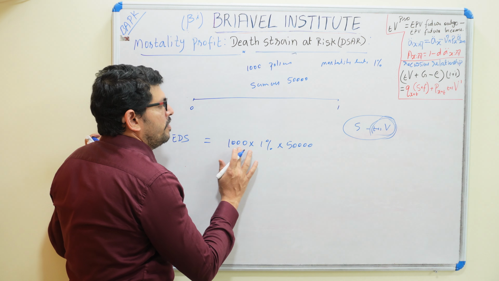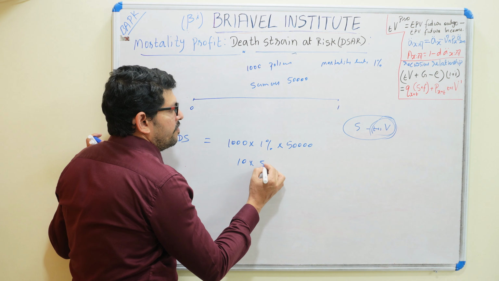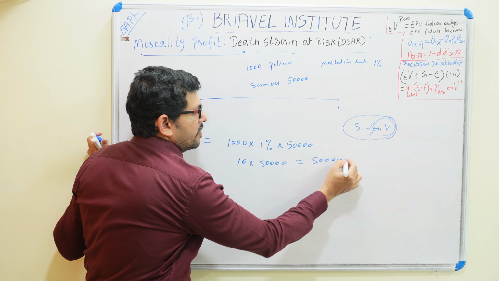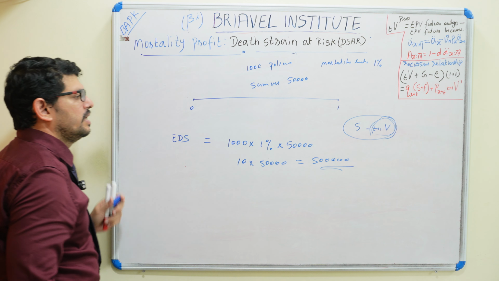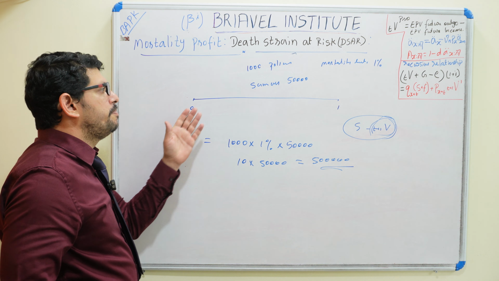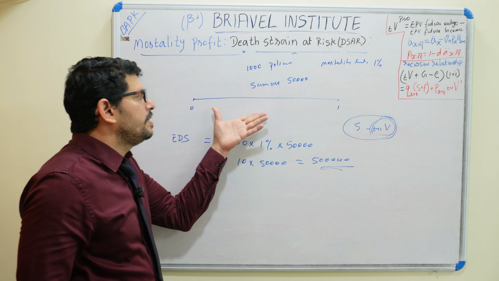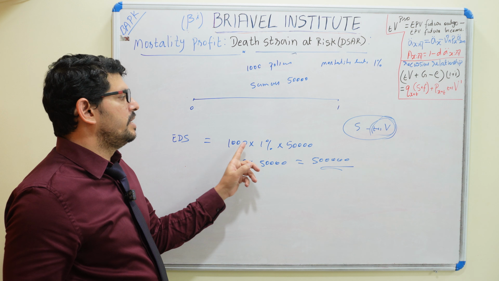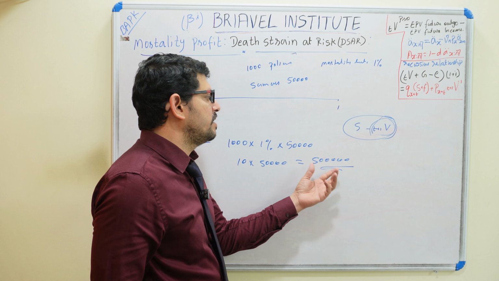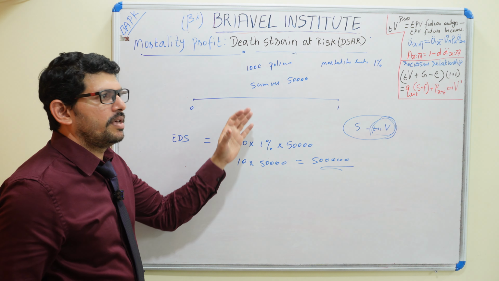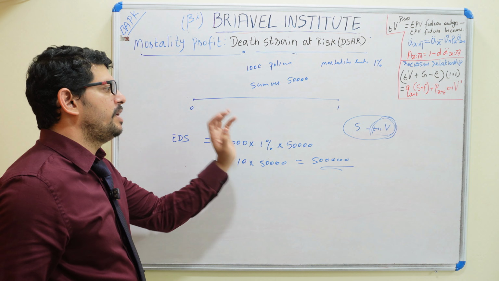So 10 multiplied by 50,000 is 500,000. I am expecting that 10 people will die during the period of time 0 to 1 year. That is my expected death, so I have to pay a death benefit of 500,000.